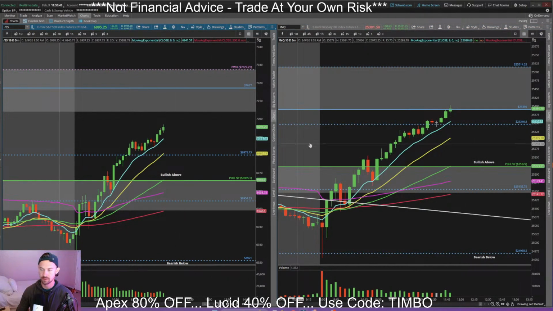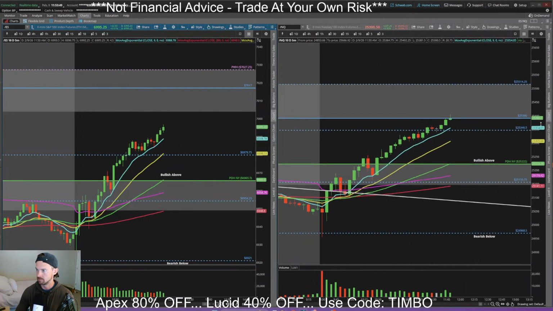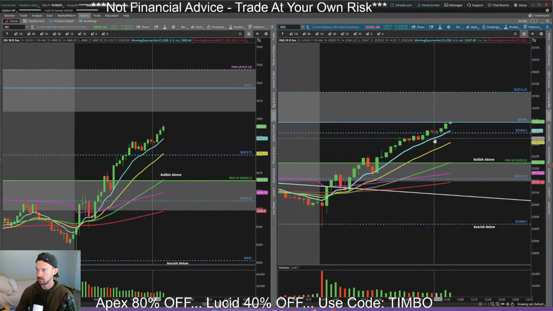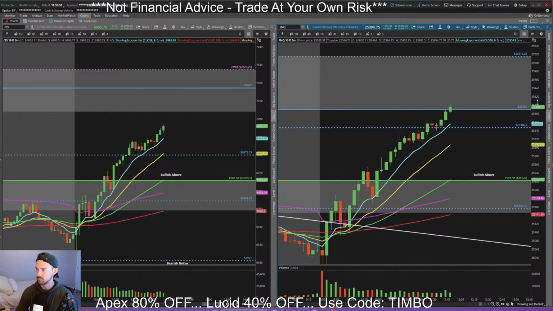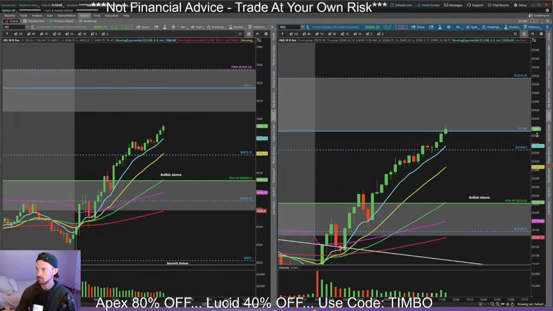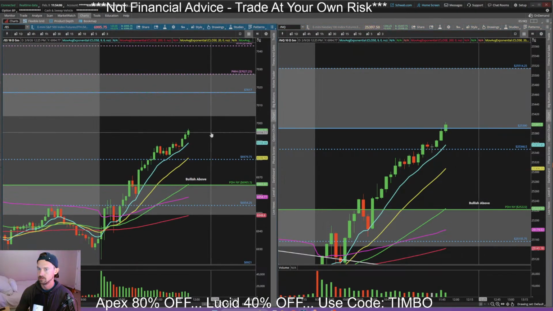Honestly, if I get another trade, I think I'll just put one micro on and hold it till the end of the day, see if we get a big trend day today. Yes, getting closer to that 7,000 number.